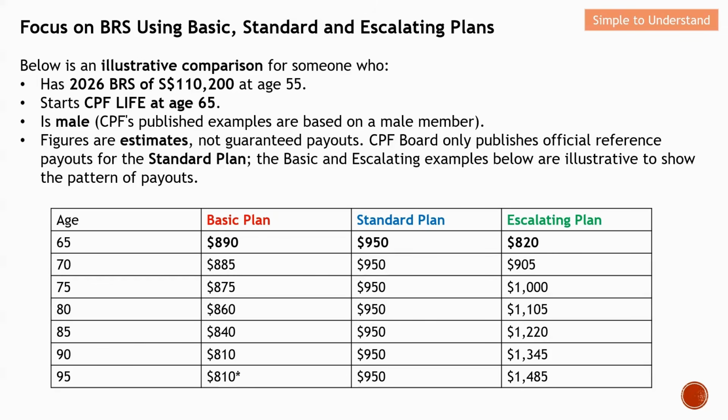As for the escalating plan, you start off with the lowest payout, but gradually every year you will have an increment of 2% to fight against inflation. This is the key difference between the three plans: basic, standard, and escalating.